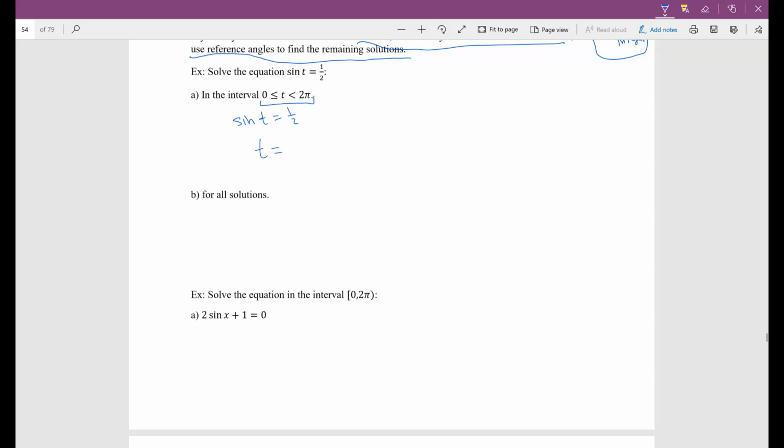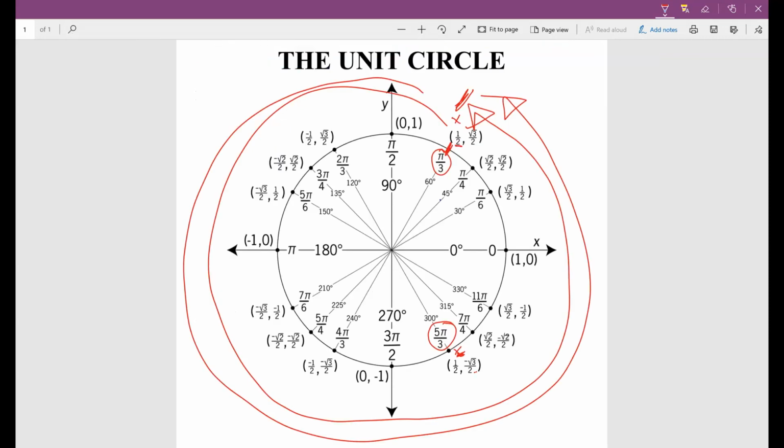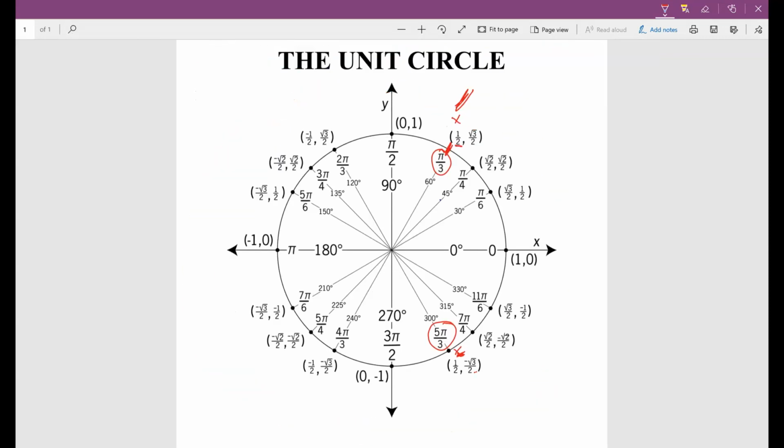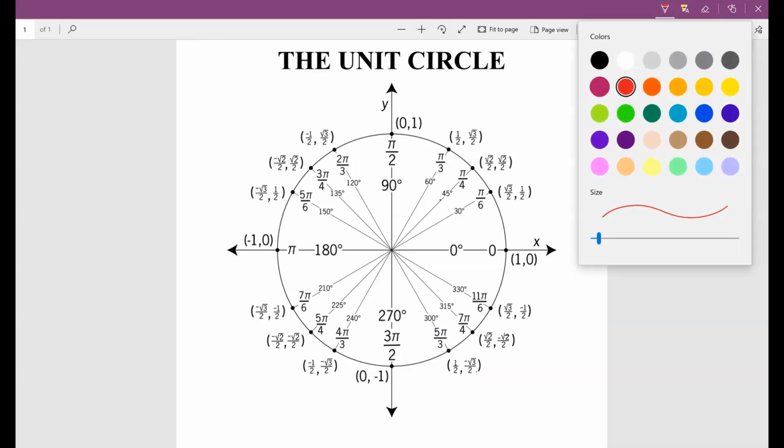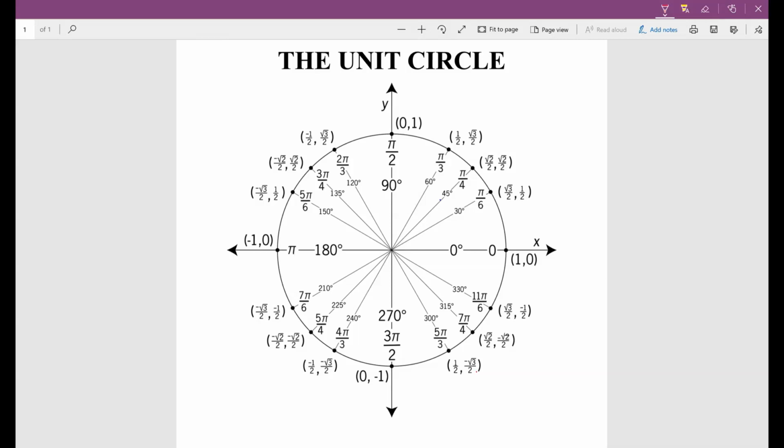Remember, sine is just a y value, so let's look at our unit circle and figure out where I get 1/2. Let me go ahead and erase this, because we don't need it. So first, sine is the y value, and here's 1/2.